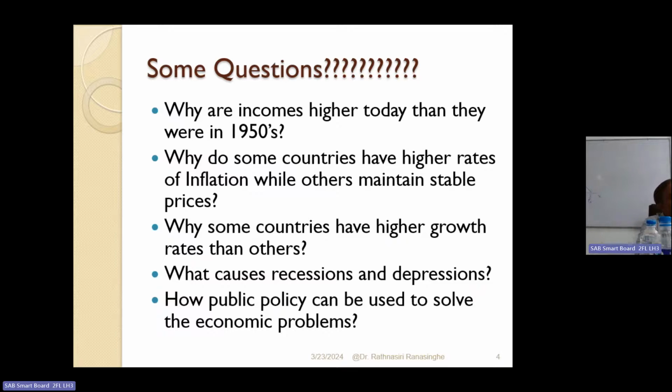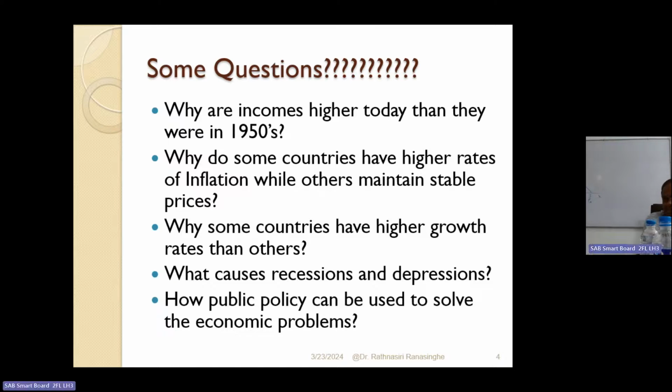You can look at some other questions we have. Are incomes higher today than they were in the 1950s? If you look at our income level, can you imagine our income level in the 1950s? After independence, how much was our per capita income?